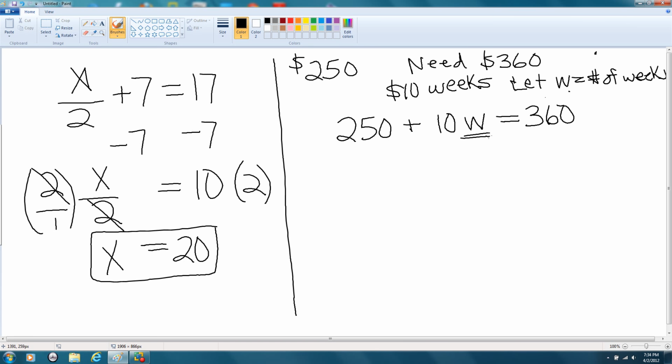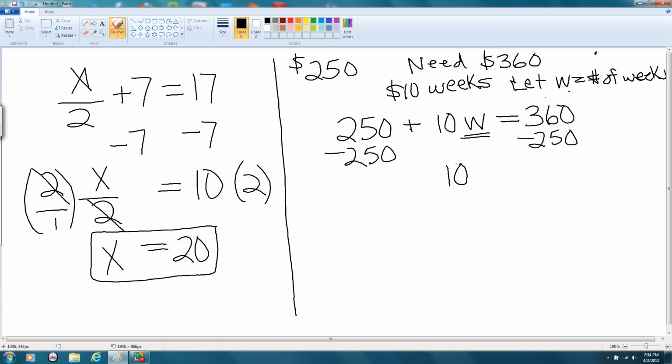So I usually undo the addition or subtraction first. So I'm going ahead and doing that. And so what I get here is I subtracted 250 from the left side. Since I did it to the left side, I also need to do it to the right side.